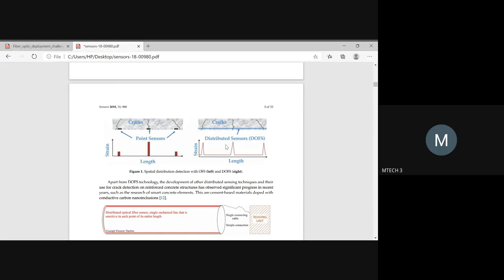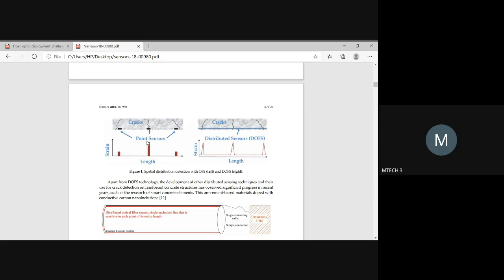If it is called a distributed sensor, you will have n number of optical fiber sensors which are embedded along some common line. If that is the case, then you say it is a distributed sensor. We usually go with point sensors where the number of sensors needed is less. Suppose you just want to locate a crack which is coming up in a single room.